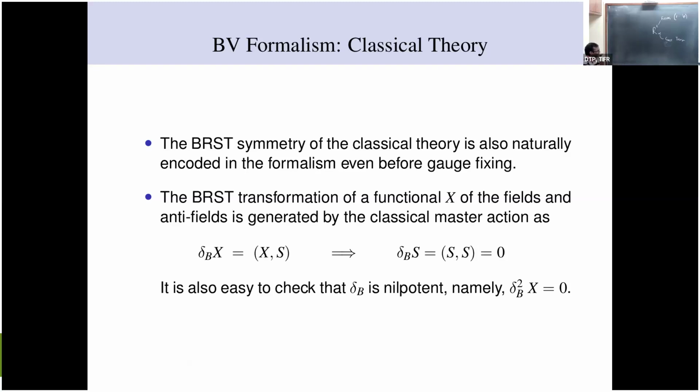If you make this transformation, delta of X is given by the anti-bracket of X comma S. Then you can show that the action will remain invariant because it satisfies the classical master equation. It's also easy to check, using the properties of the anti-bracket, that if you act twice, this operation is nilpotent, so delta squared is 0.